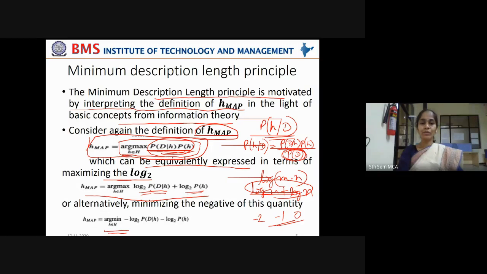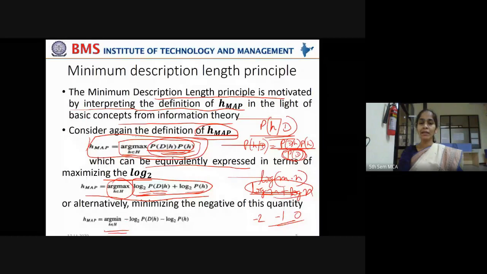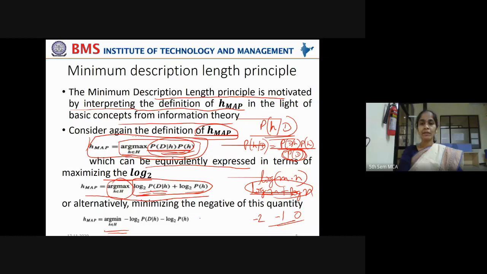HMAP equal to, instead of argmax, now you have taken argmin and just applied the negative symbol. That's all, nothing else. So when you multiply this entire equation with the negative symbol, you get minus log to the base 2 probability of D given H minus log to the base 2 prior probability of H. It is very straightforward, right? There is no hidden derivation here.